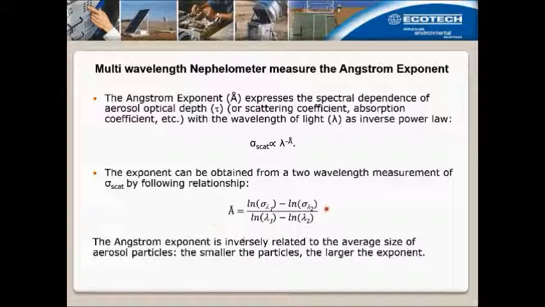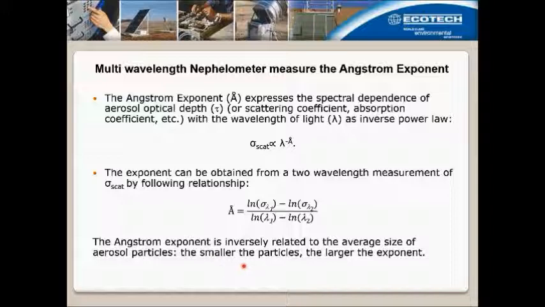That's basically possible to get very easily with a nephelometer. And the good news is that for a particle size distribution, this angstrom exponent is actually inversely related to the average size of the aerosol particles, which we measured right inside the nephelometer.